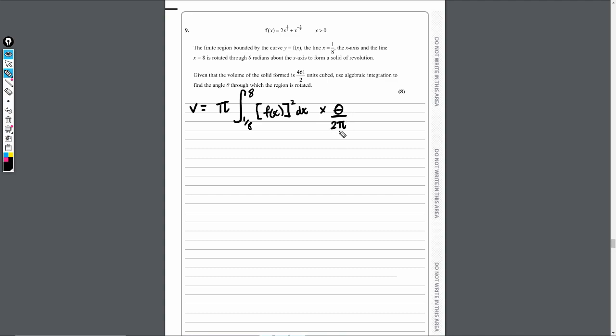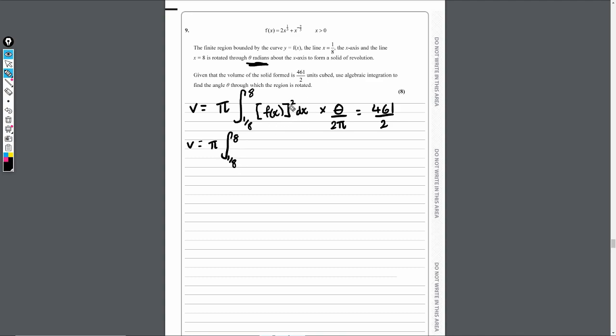And remember, it's theta over 2 pi, not theta over 360, because we're working in radians for this question. And we know that they've told us here that this is equal to 461 over 2 units cubed. Okay, so we'll just say equal to 461 over 2. So, using that now, let's write this formula down again. So V will be equal to pi lots of the integral.